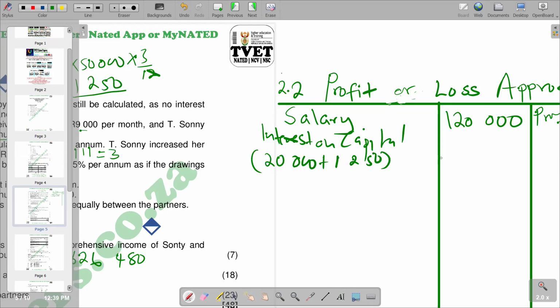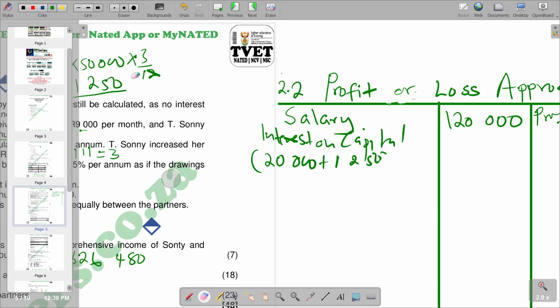If you add the two, you're going to get 21,250. This one is for Sony only, so we can just indicate it as for Sony only. We also need to calculate the interest for the other partner.